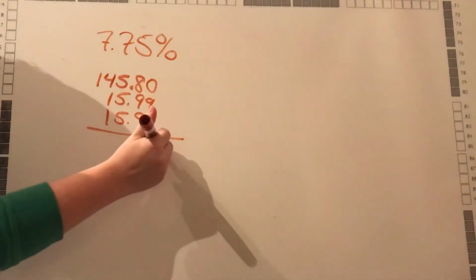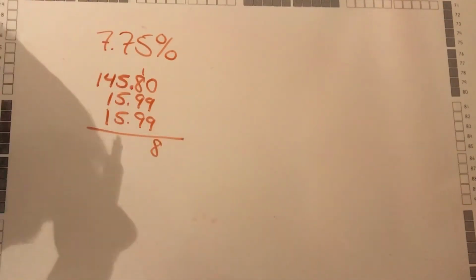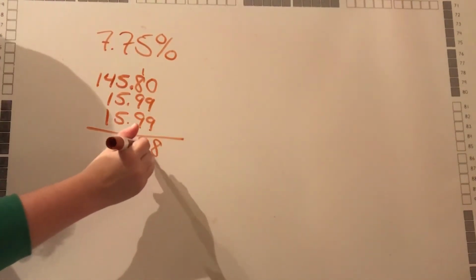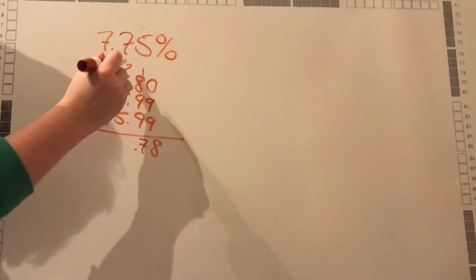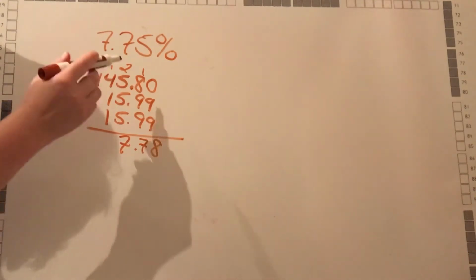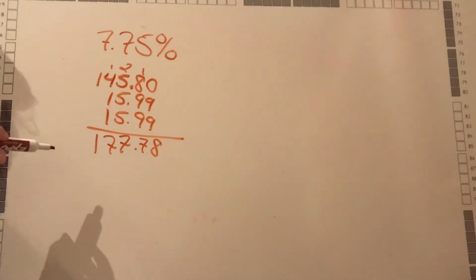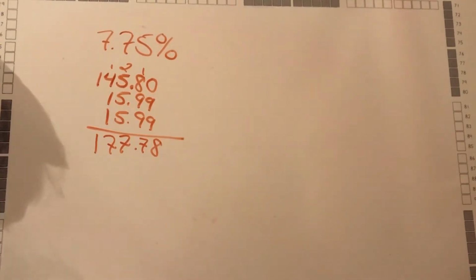So 9 and 9 is 18. 9 times 3 is 27. 5, 6, 7. So she spent $177.78.